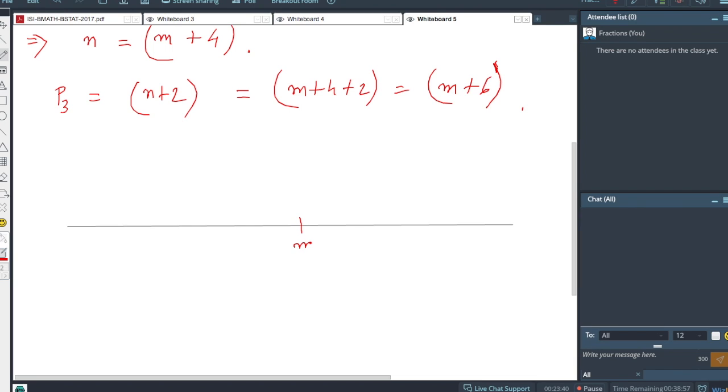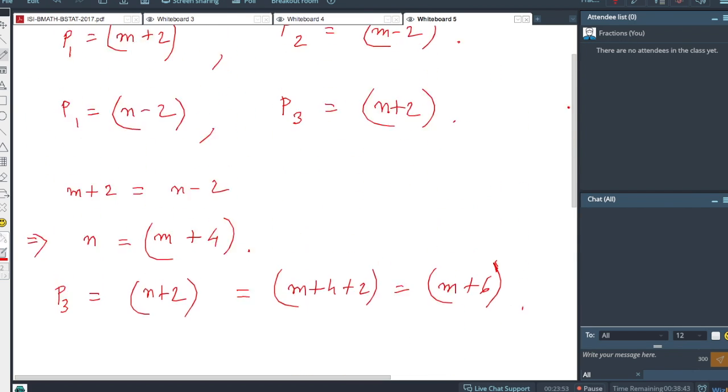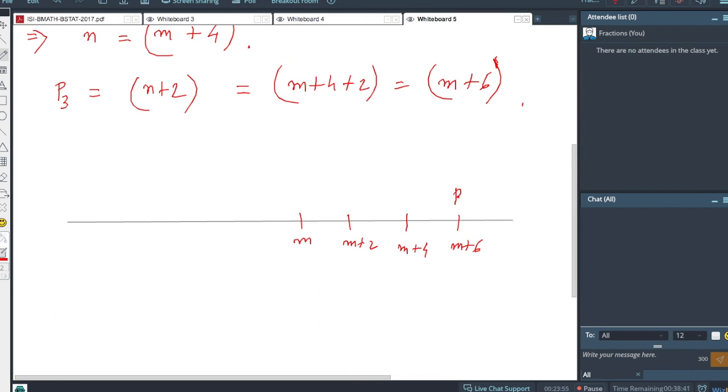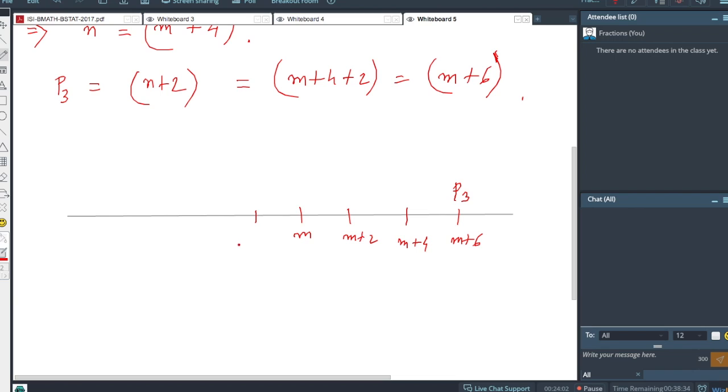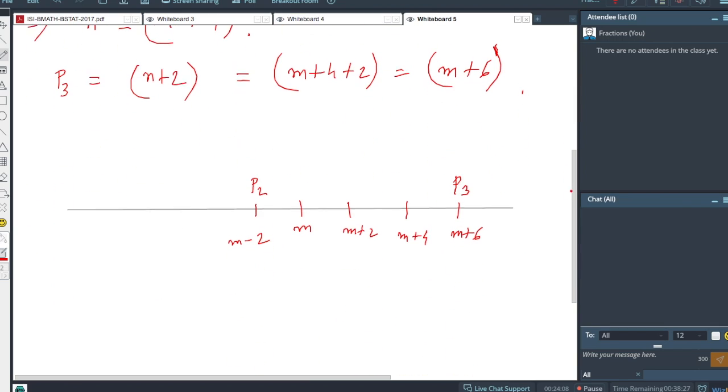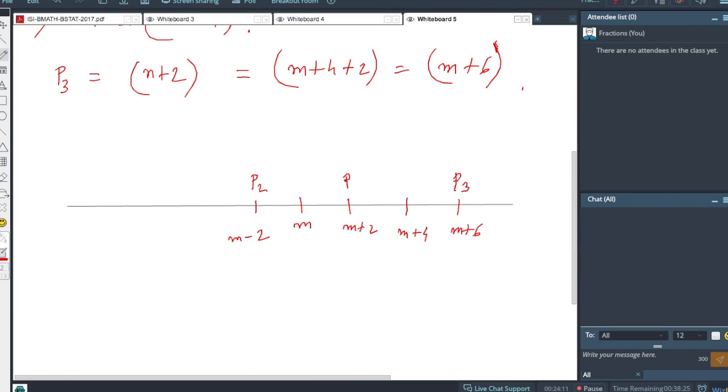So if m is here, then m plus 2, m plus 4, m plus 6. Okay, so m plus 6 is P3, and P2 is m minus 2, and P1 is m plus 2. So here we have P1.